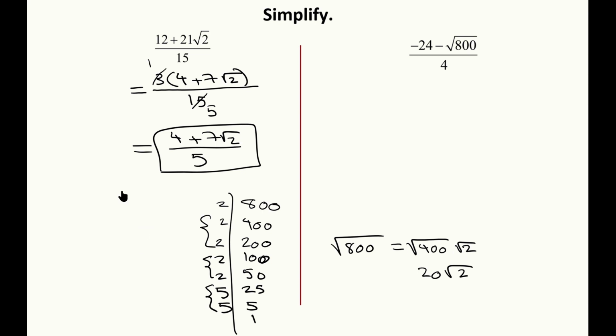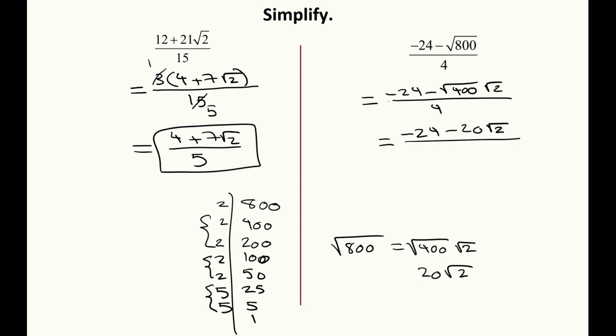So no worries. We're going to write this as negative 24 minus the square root of 400 times the square root of 2 over 4. Now we know that's going to be negative 24 minus 20 radical 2 over 4, because the square root of 400 is 20. And we do notice that we have a common factor of 4 between these two terms, so we can take that out.